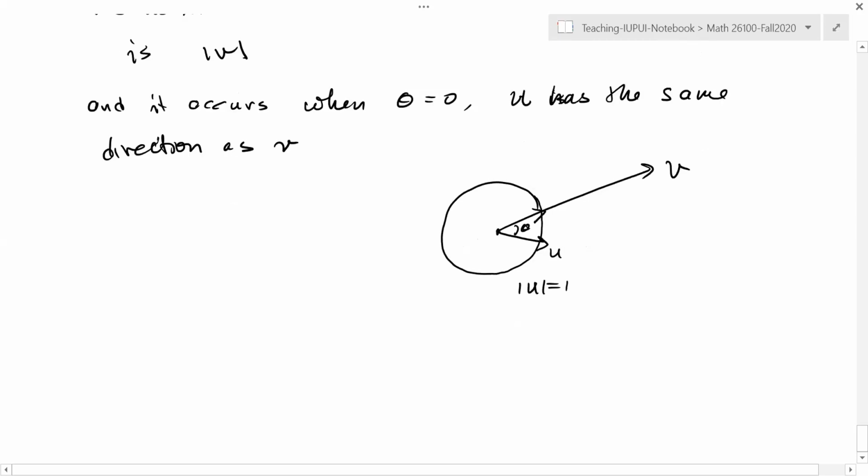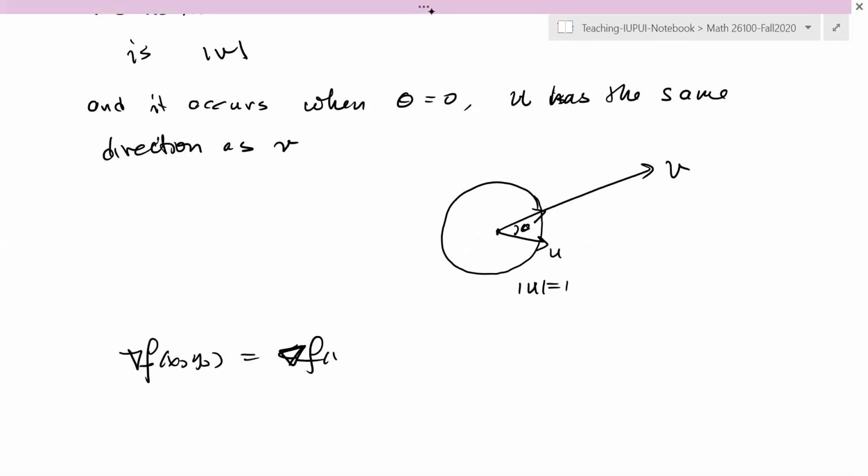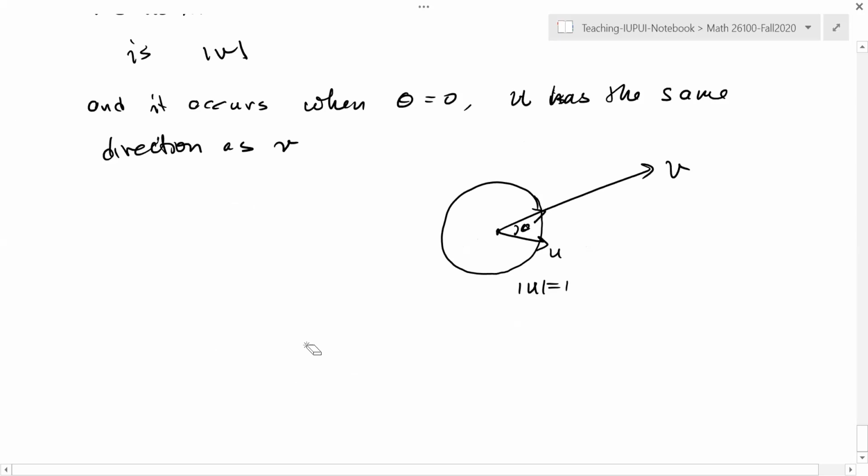So how about the directional derivative? Remember, the directional derivative at that particular point is going to be the gradient of f, which is a vector, times u.